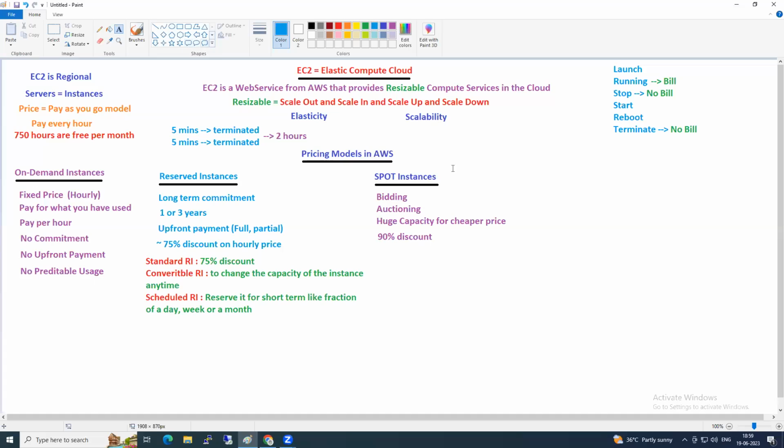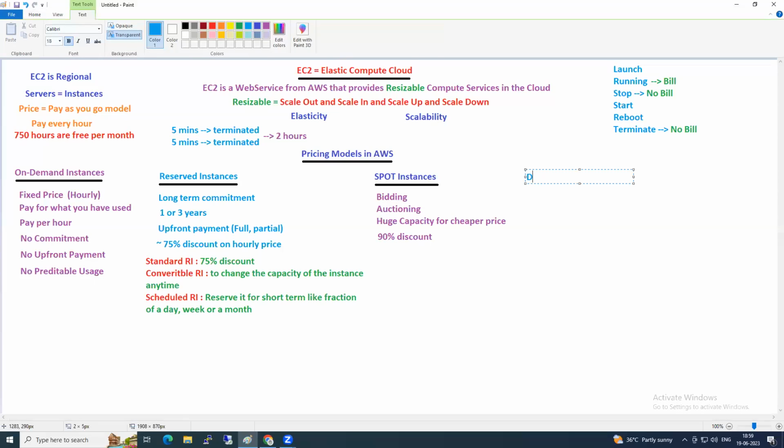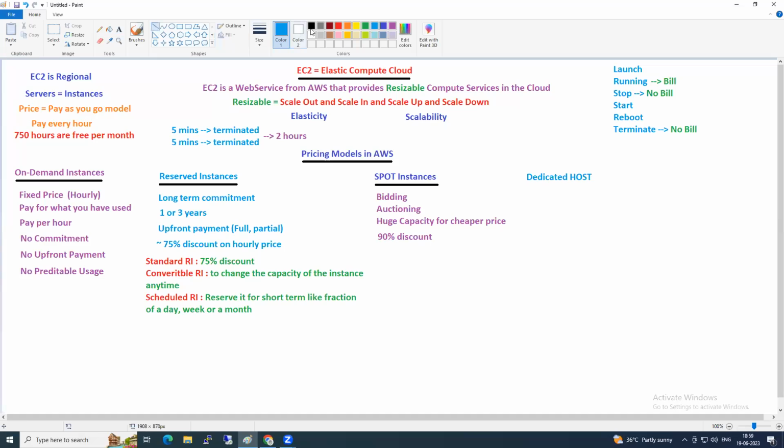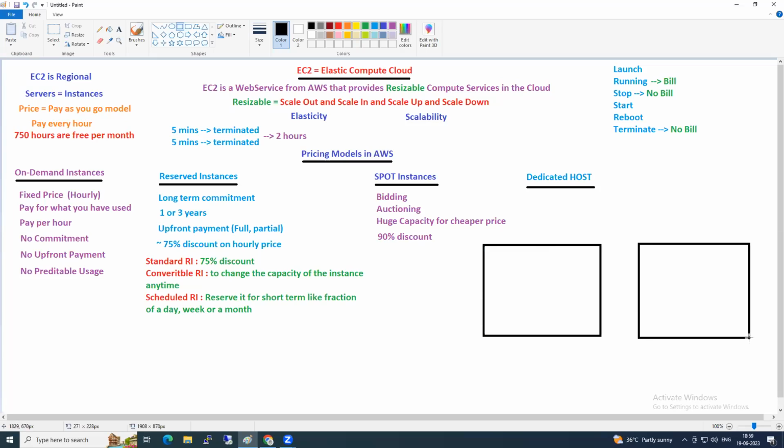The next pricing model is dedicated host. Do you remember host machines in the backend? AWS will have so many host machines, no? So can I take 2 host machines, for example? What does a host machine have? You have hardware and a hypervisor. Remember?